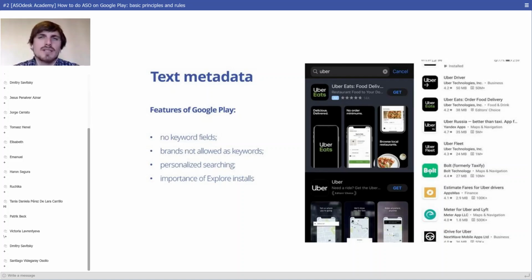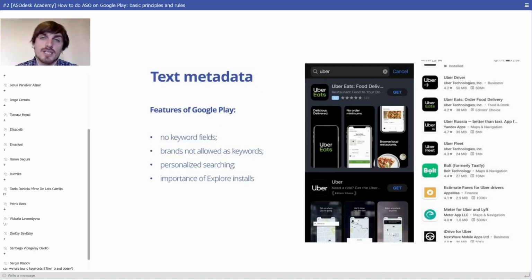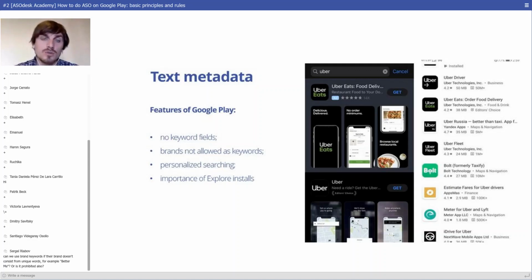So that's the difference. We should take into consideration that search results in Google Play are not the same everywhere. So when we have the search results in an ASO tool, always remember that it doesn't mean that all the users, for example, you have a keyword fitness, your app is number 3.